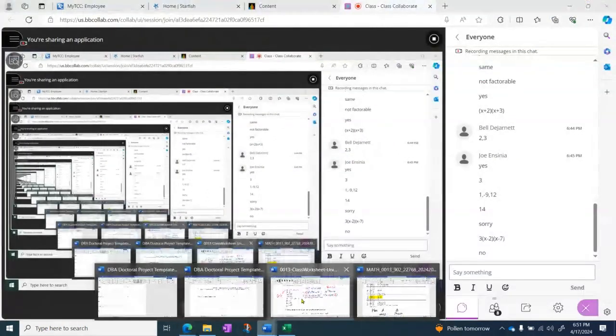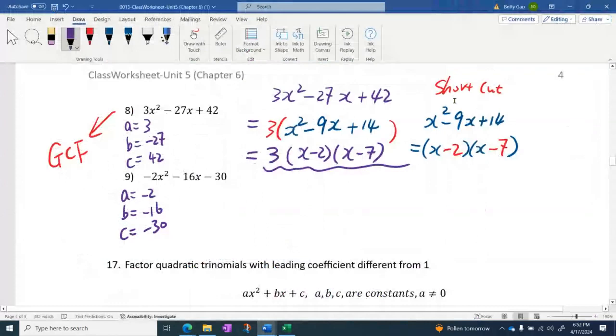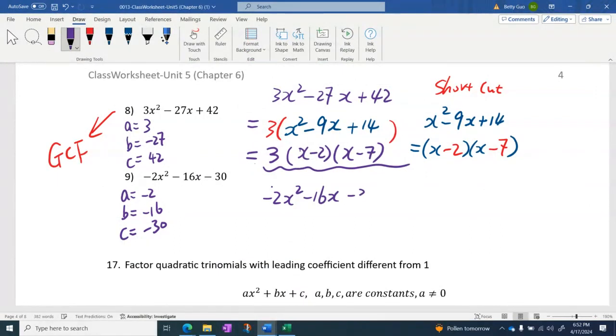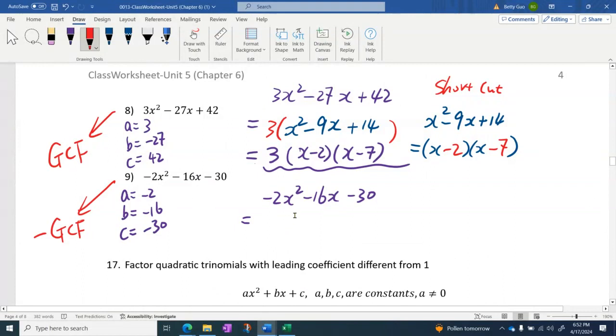Awesome. So let's continue. Number 9. Number 9 has a purpose here. The trinomial is negative 2x squared minus 16x minus 30. I included this example because I want to show you what we do if the leading coefficient is a negative GCF. In this case, the quadratic trinomial has a leading coefficient negative 2.